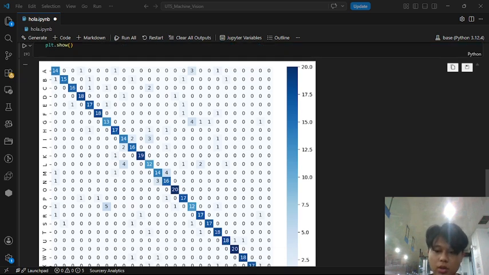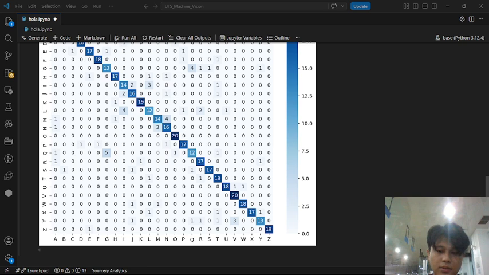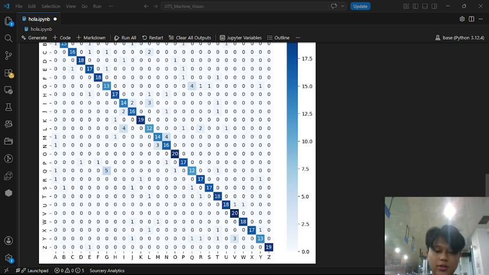For example, the model occasionally confuses the letter G with Q, letter A with L, and letter R with L. This proves the SVM has learned to detect geometric features just as humans perceive them.